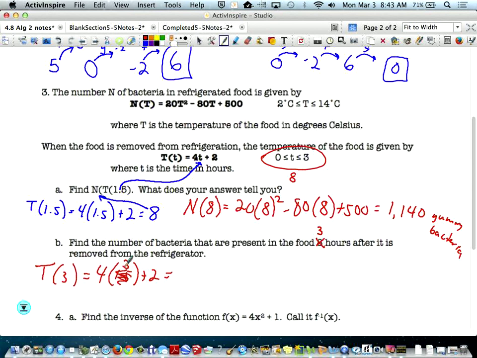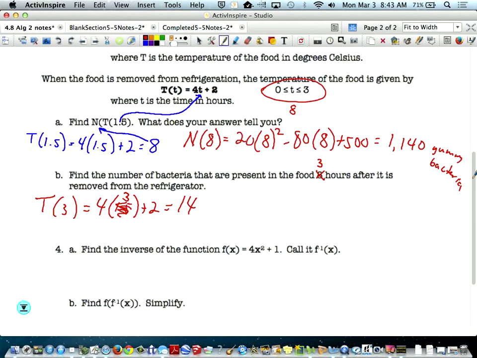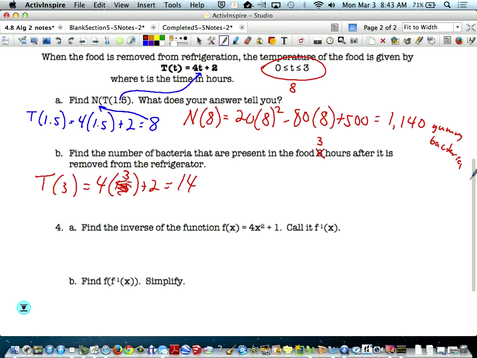Sorry, not 1.5 again, 3. 4 times 3 is 12 plus 2 is 14. So my sandwich is now at 14 degrees Celsius. And then I can plug it into that same equation up above: 20, 14 squared minus 80 times 14 plus 500.